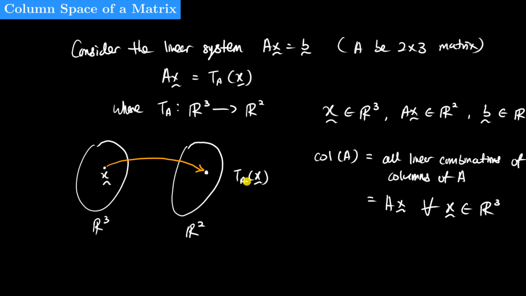The set of all images constitute what we call the range of the transformation, and in this case it is called the column space of A. In fact, the column space of A is just a subspace of the R2 space. As you can see here, it may not necessarily span the entire R2 space. Typically, it is a subspace of the R2 space.